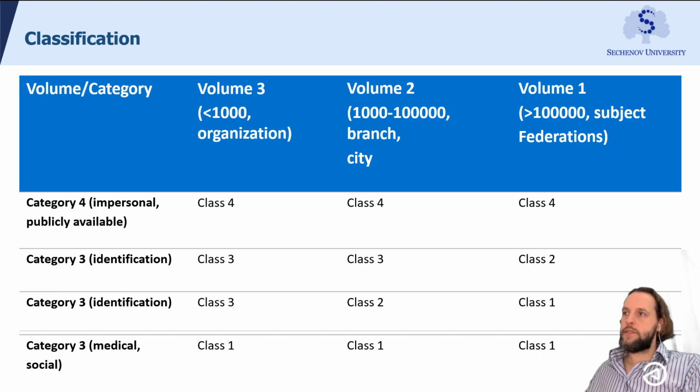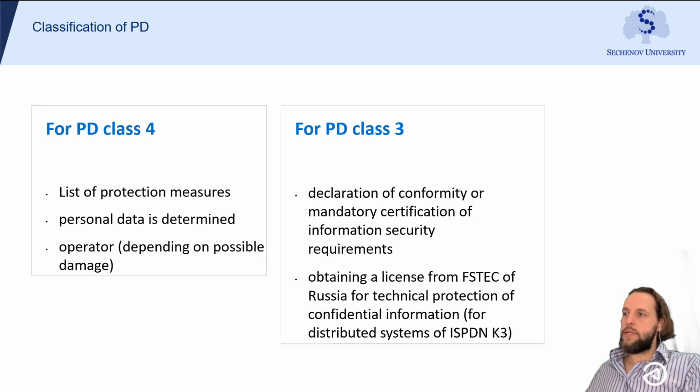And based on this classification, we'll have different classes of personal data. So it will start with class number 4 with low volume and publicly available data, and class number 1 with lots of subjects and restricted information about social data.